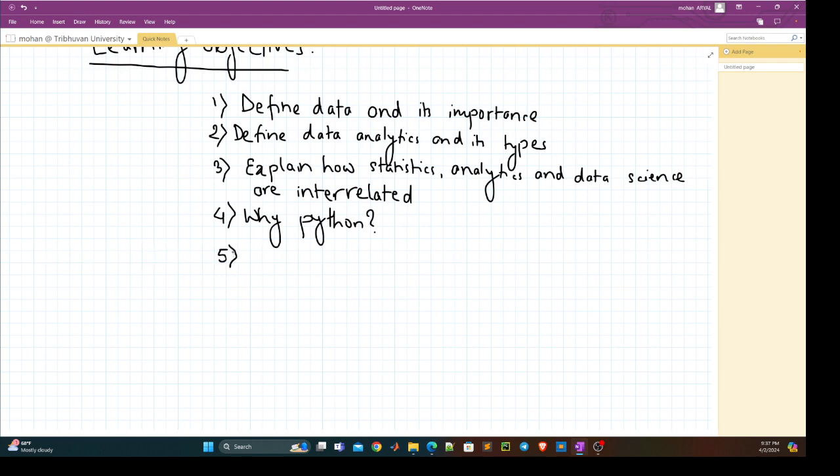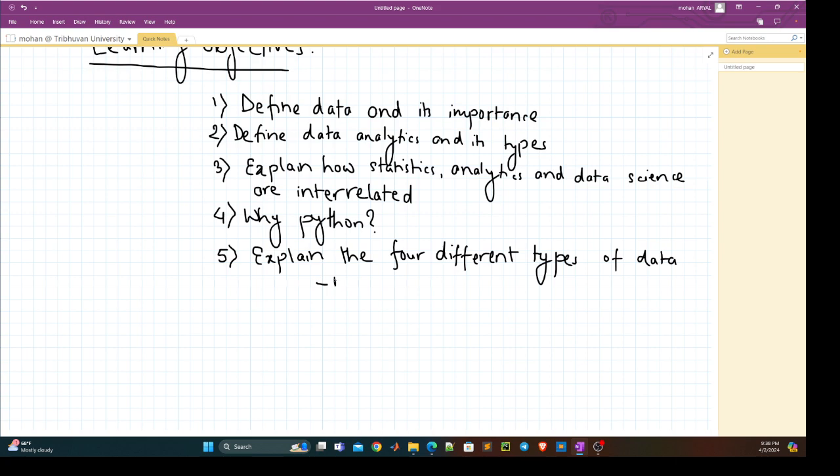And the sixth one is explain the 4 different types of data.